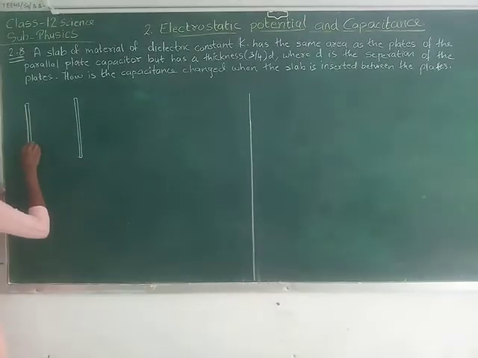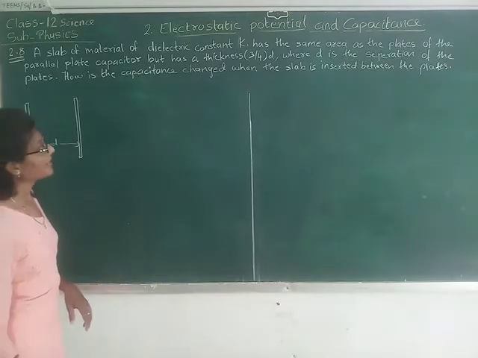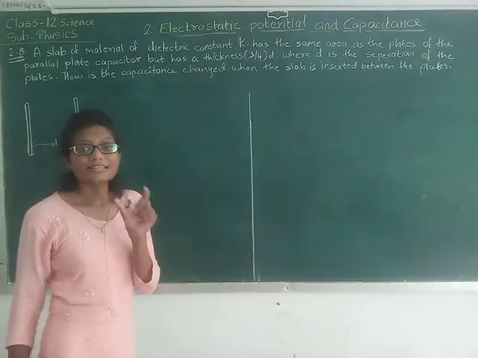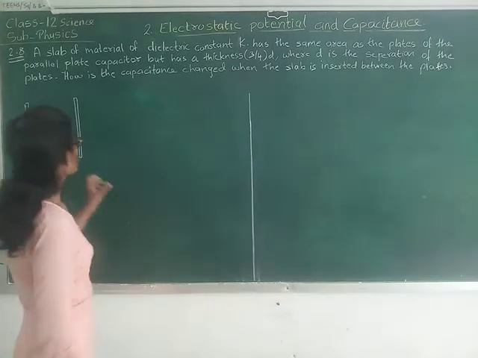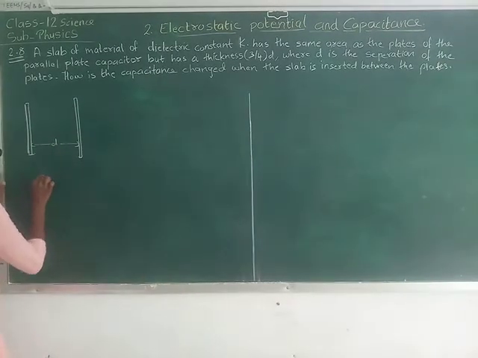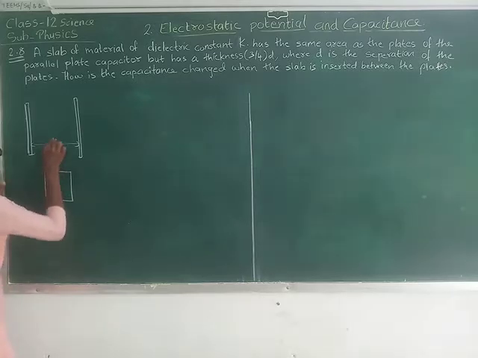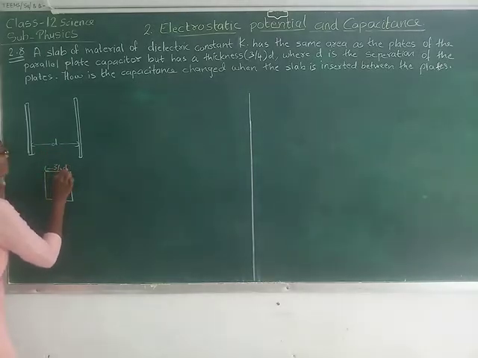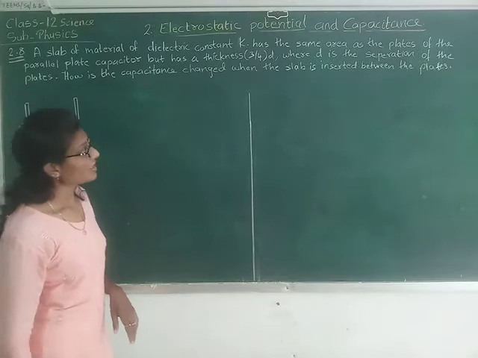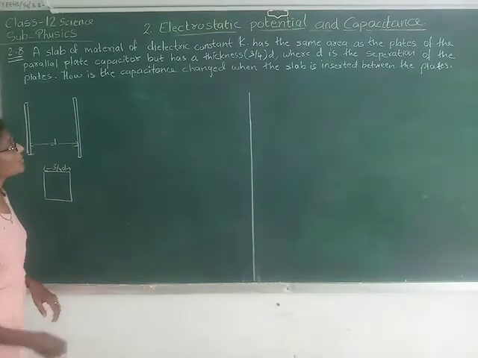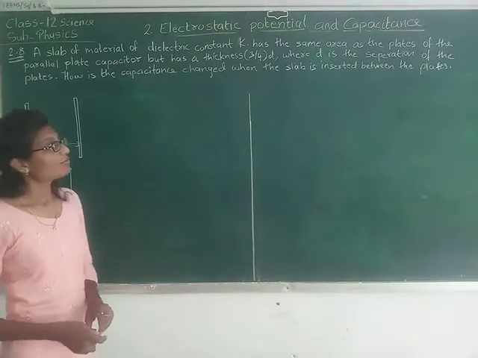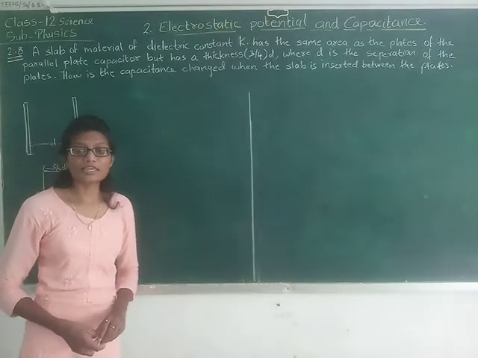That means the slab that we are inserting between the plates of the capacitor has a thickness of 3/4 part of the distance, that is 3/4 d, where d is the separation of the plates. How is the capacitance changed when the slab is inserted between the plates?